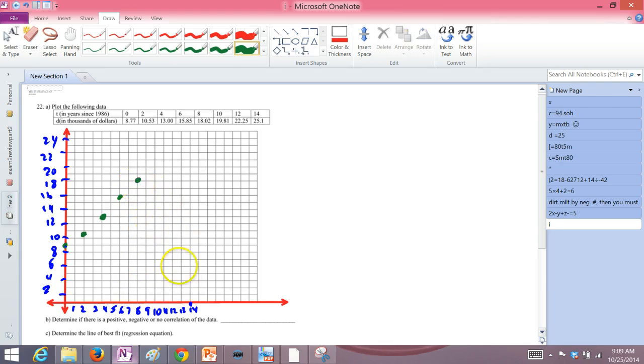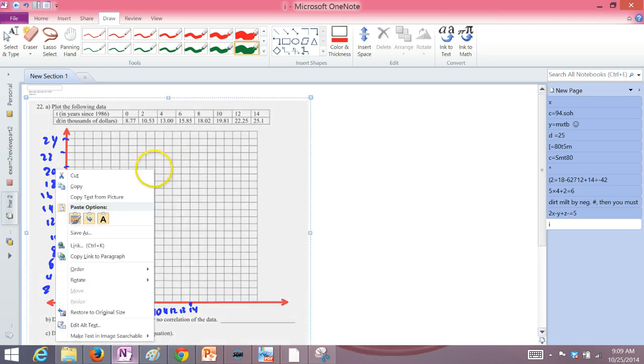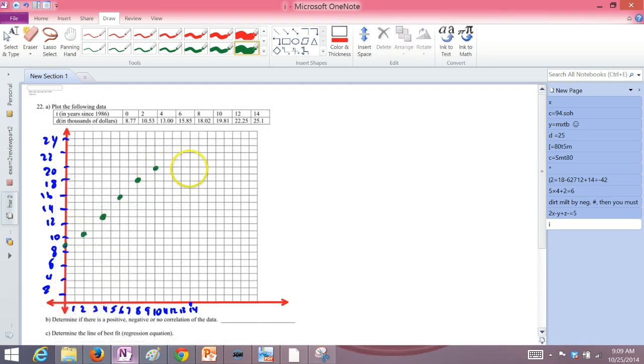And 10 is almost 20, a little bit less. And 12 is 22.25, halfway between 20 and 23. And finally 14 takes us off the map here, 25.1. Okay, great. We plotted all the points.